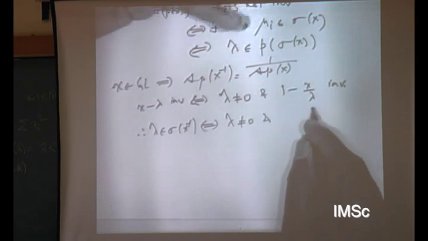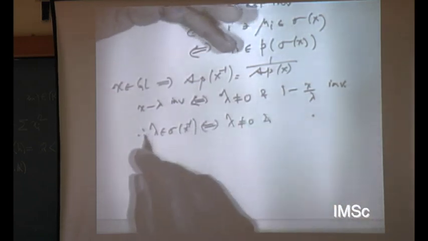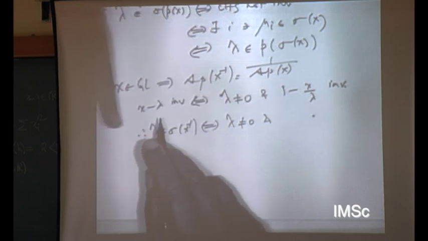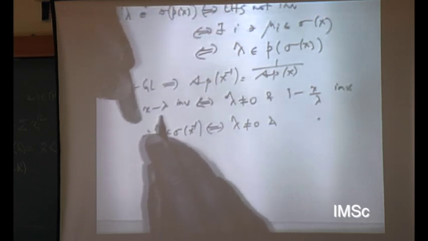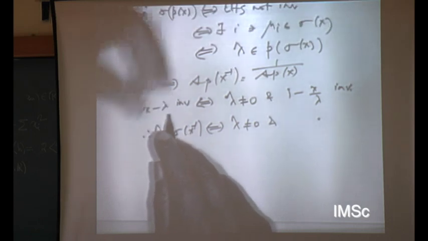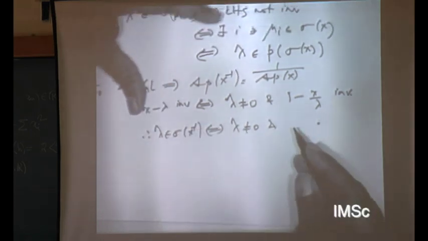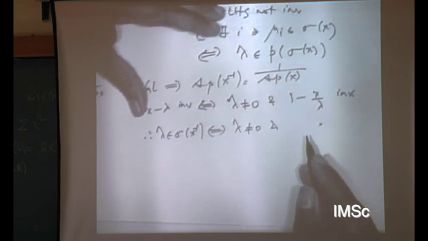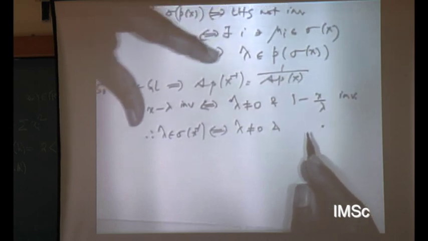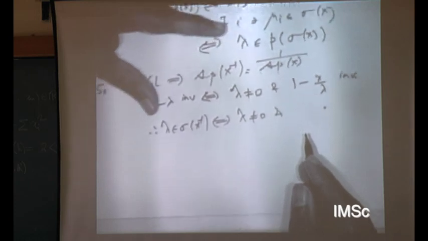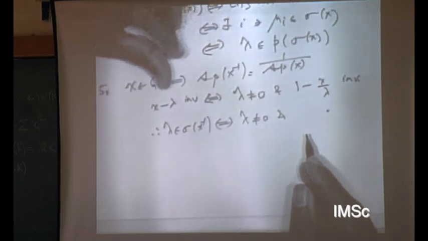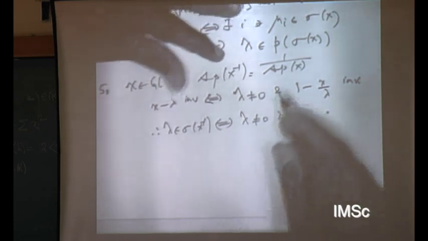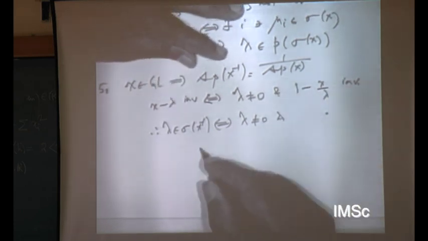Why am I playing the one? If x minus lambda is invertible, x inverse minus 1 over lambda I will get.